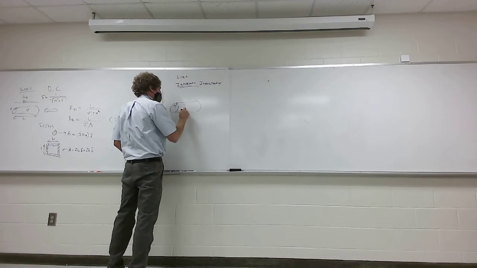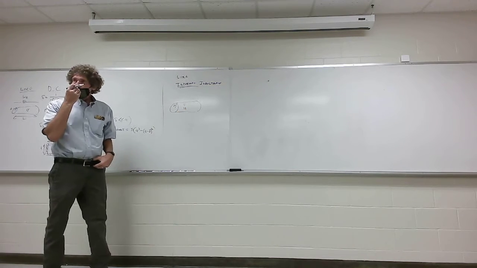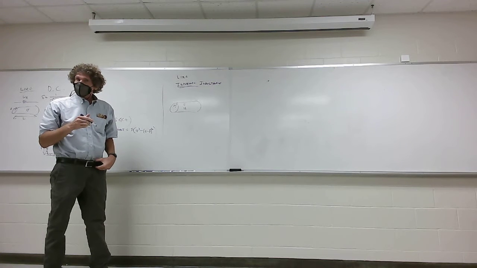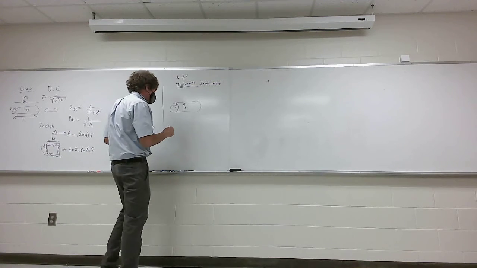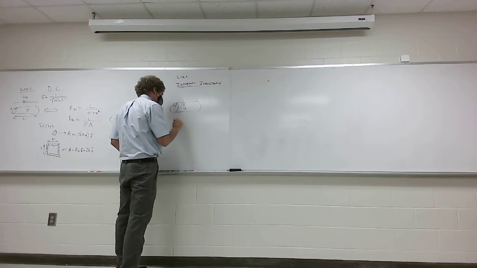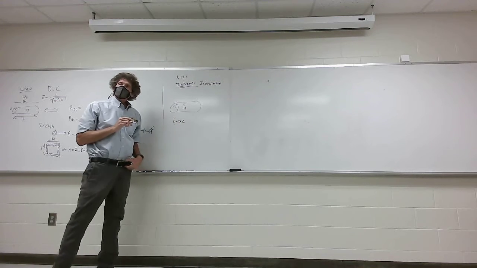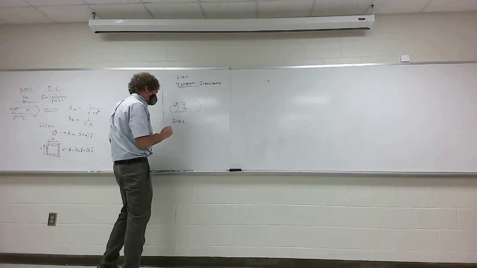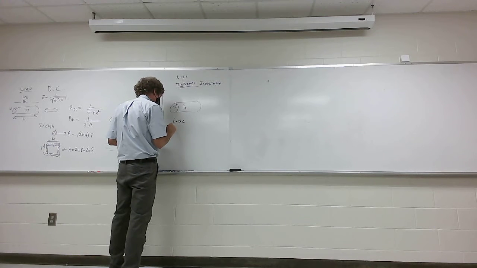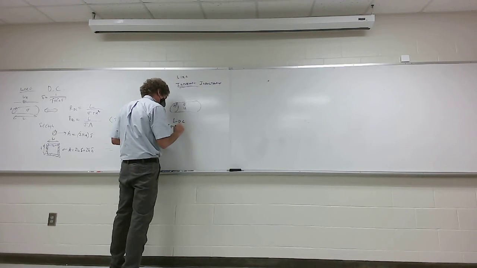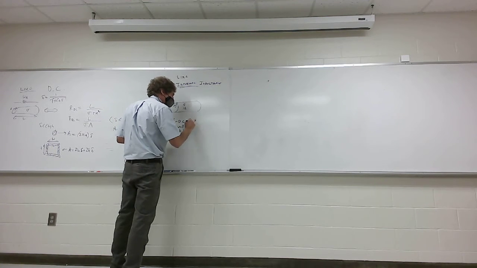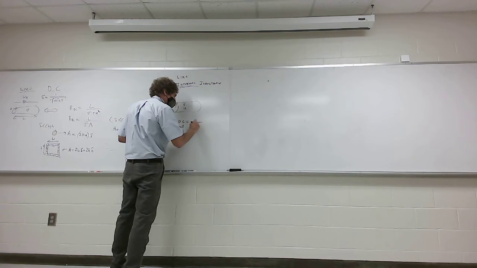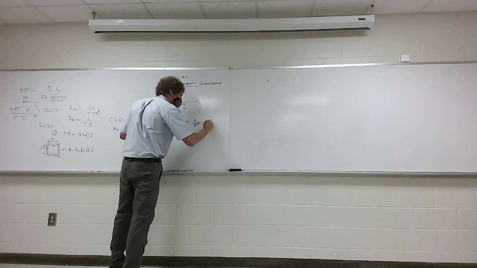And it has some permeability mu. Y'all with me? When we talk about inductance, there's a DC inductance, and this is usually per unit length. And that's just mu over 8 pi, in henries per meter.